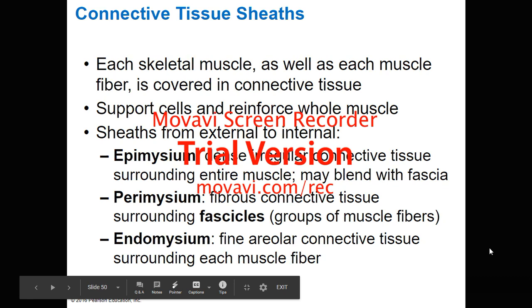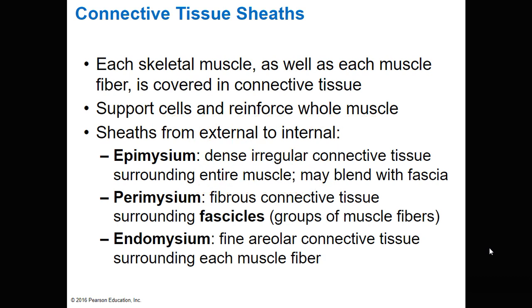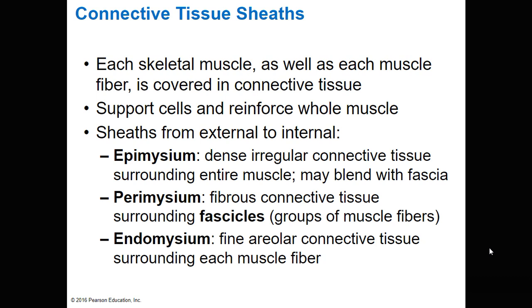So let's talk now about the connective tissue sheaths. In an intact muscle, there are several different connective tissue sheaths. Together, these sheaths support each cell and reinforce and hold together the muscle, preventing the bulging muscles from bursting during exceptionally strong contractions.